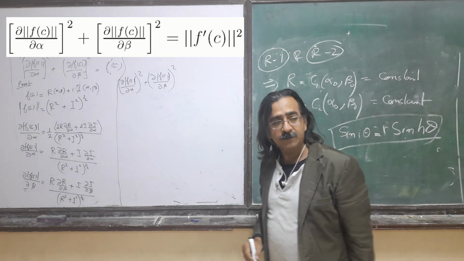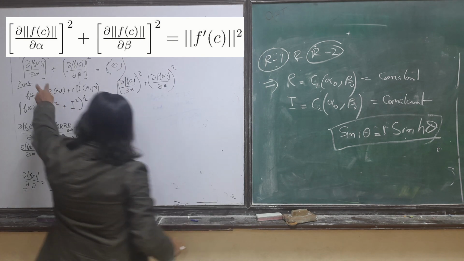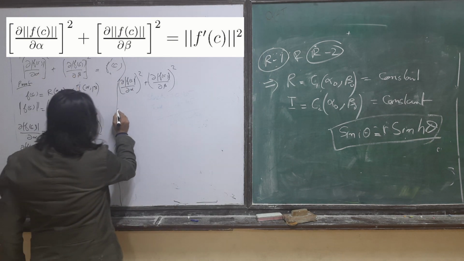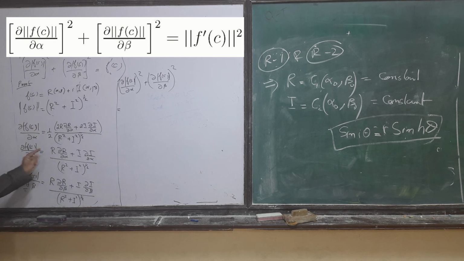Yes, we have to take the square. So this will be equal to, a square plus b square plus 2ab. No, the square of the whole, not second order. Second degree. Power, it is power, not order.